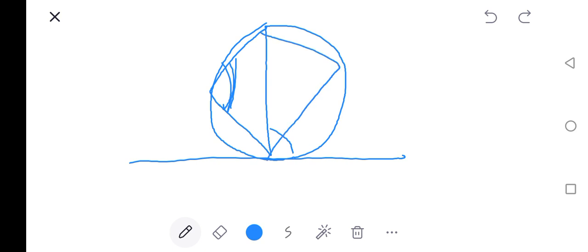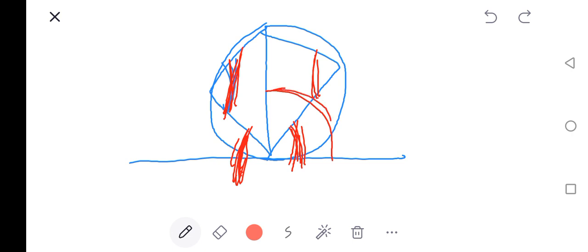The angle in red here, they are equal. So this angle here and this angle here are equal. Even this angle here and the outer angle here are also equal. And this line together with this makes 90 degrees. So never forget this.